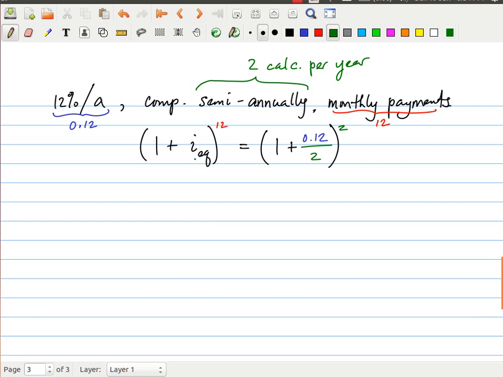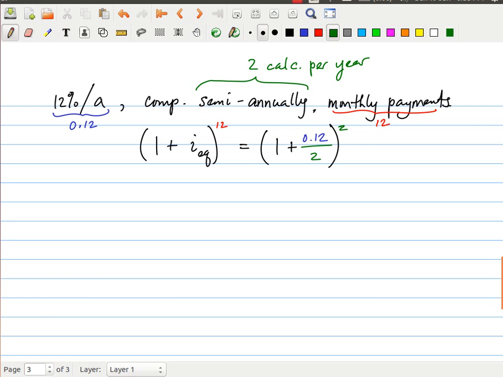And now I can figure out my equivalent interest using this equation. Now this equation actually results in some more algebraic simplification, because you notice I've got something to the power 12, something to the power 2.